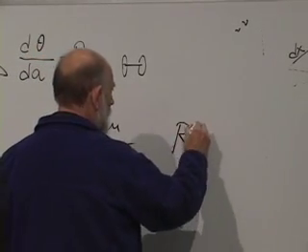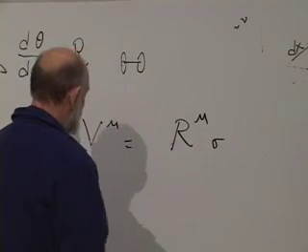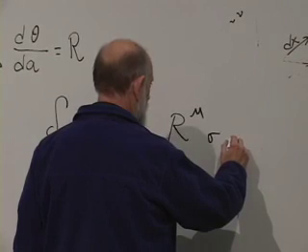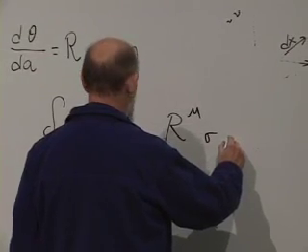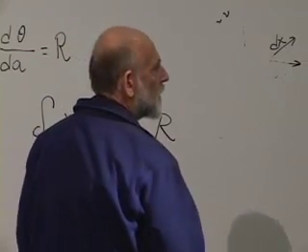It should be R with a mu. Let's call it sigma.